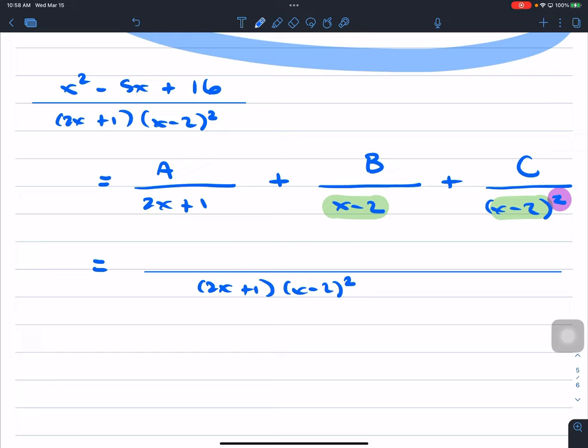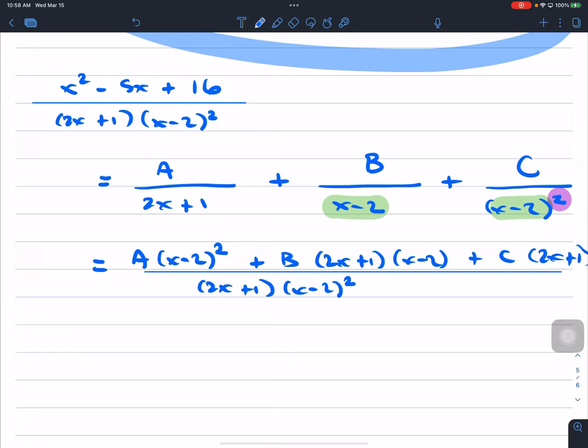When you add rationals, that's the LCM. But now this will be A times x minus 2 squared plus B times 2x plus 1 times x minus 2 plus C times 2x plus 1, I think. Yes.